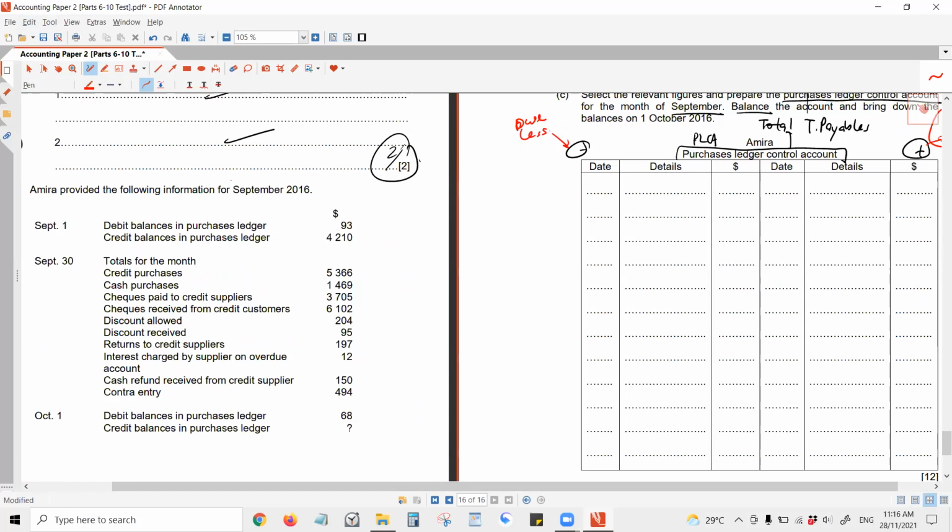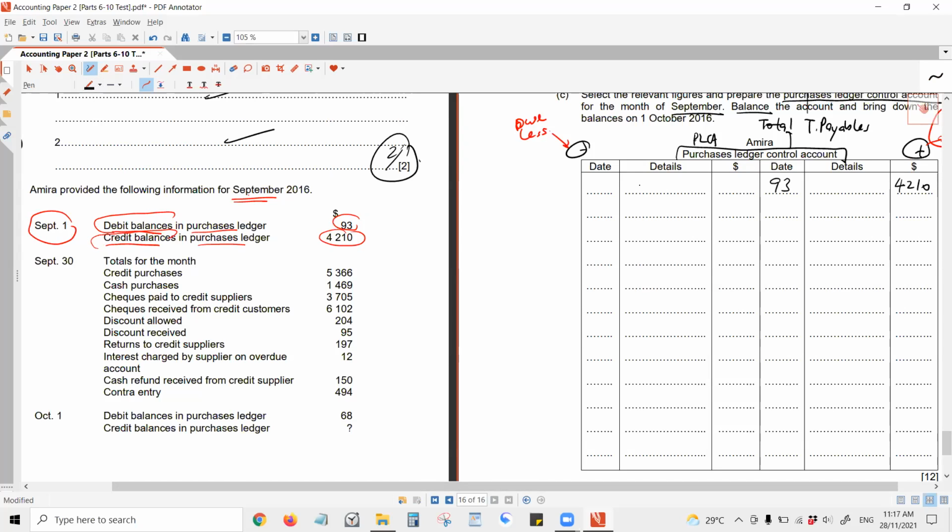She provided the following info for September 2016. September 1st, debit balances in purchases ledger, credit balances in purchases ledger. So this is the opening balance. 93 and 4210. One on the debit side, another on the credit side. So you write 93 here, 4210 here.